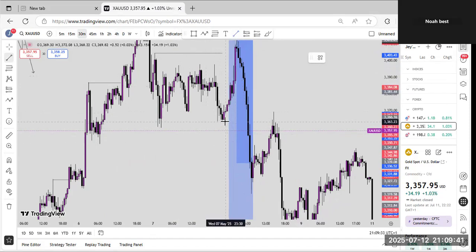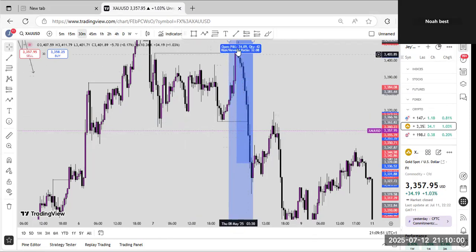We could mark from here. This one is the current break of structure. Then this one is also a break of structure too. So we could mark from this place to this particular place.